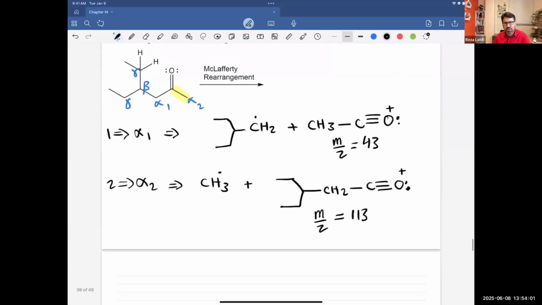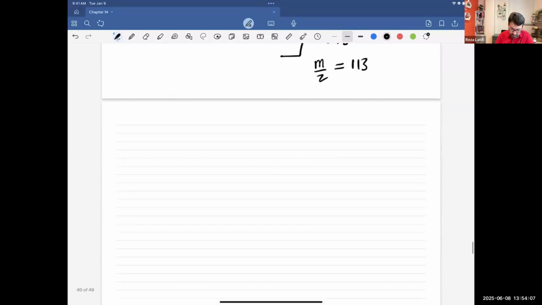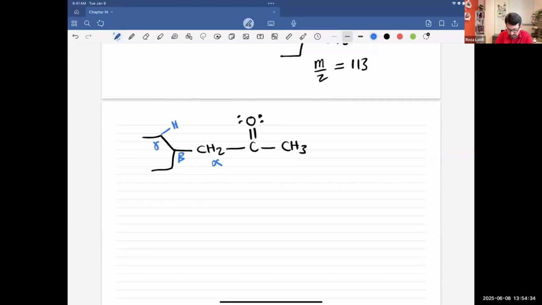And we can have McLafferty rearrangement, and in that case, our molecule is this one. We said this is alpha, that's beta, and that one will be gamma. The gamma has two hydrogens.